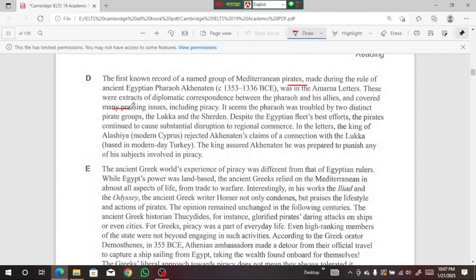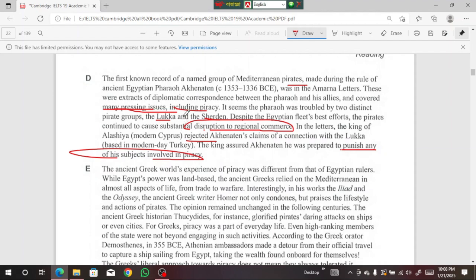Pharaoh had trouble with two distinct parts of the group, the Lukka and the Sherden. The king of Alasia, modern Cyprus, wrote to Akhenaten, rejecting the claim about the Lukka, who were based in modern-day Turkey.